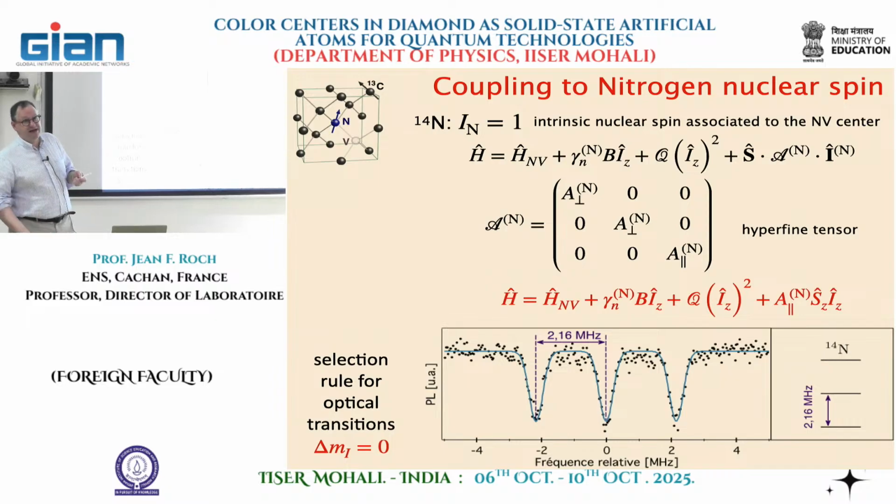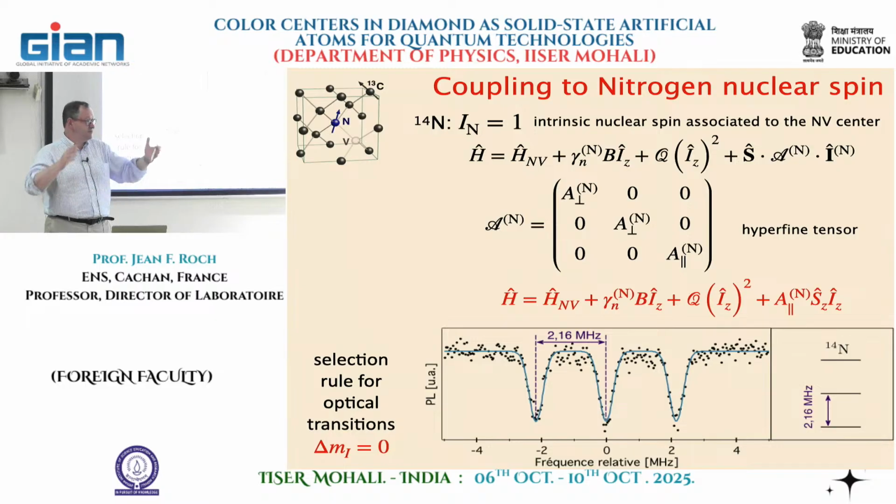For instance, if you create the NV by ion implantation, then you use nitrogen-15 gas to implant the ions, and then you will have this nitrogen-15 in the system, associated to the NV. What is more interesting for us is to stay on nitrogen-14. So now the Hamiltonian is a little bit more complicated because we have to add this new degree of freedom.